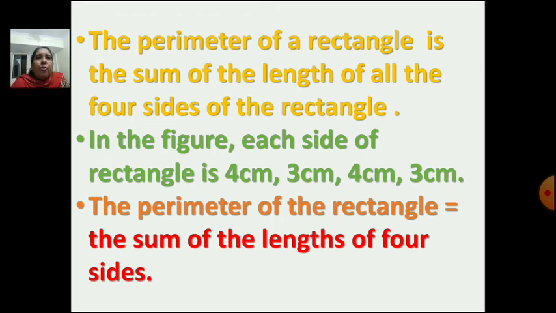Now what do you have to do? You have to add the length of all the four sides of a rectangle. In the figure, each side of the rectangle is how much? 4 centimeter, 3 centimeter, 4 centimeter, 3 centimeter, right? Now first what will you do? You have to write the formula. That is, the perimeter of a rectangle is equal to the sum of the length of four sides.